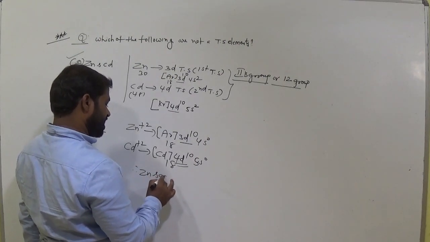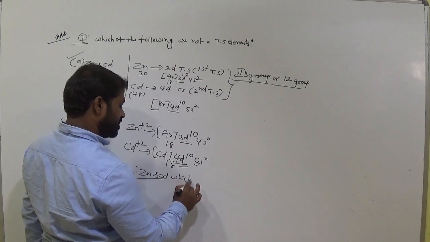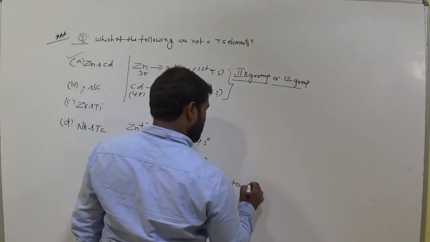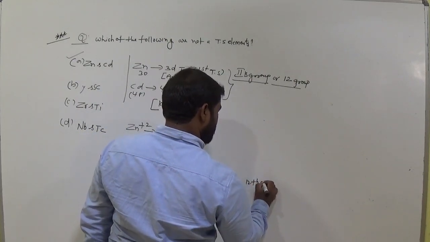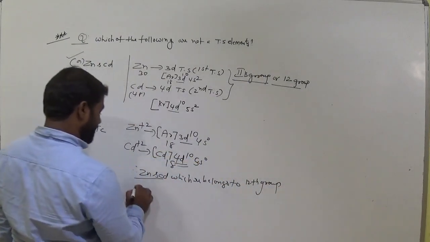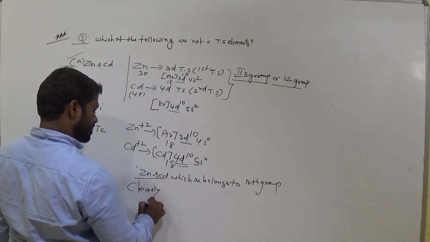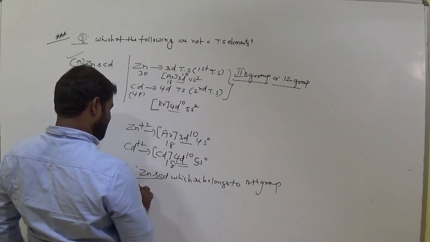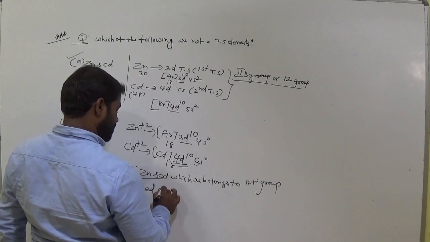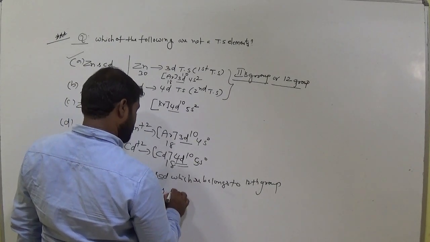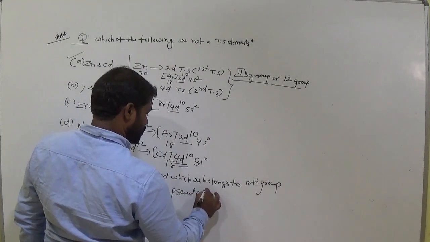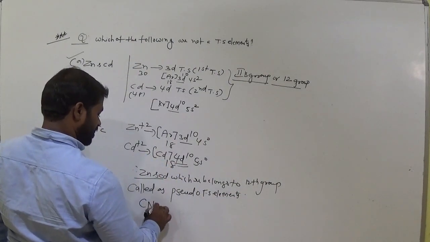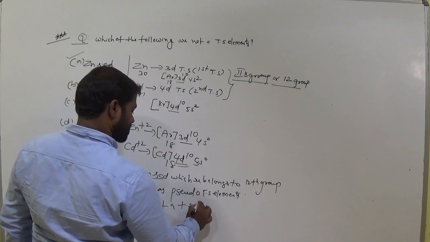Therefore zinc and cadmium, which belong to the 12th group, are called pseudo transition elements, not transition elements.